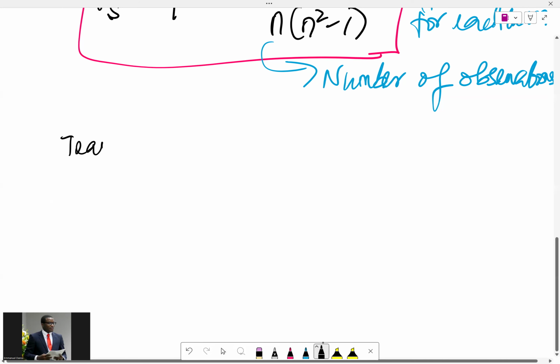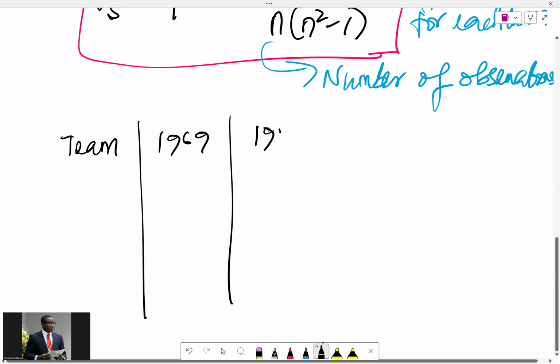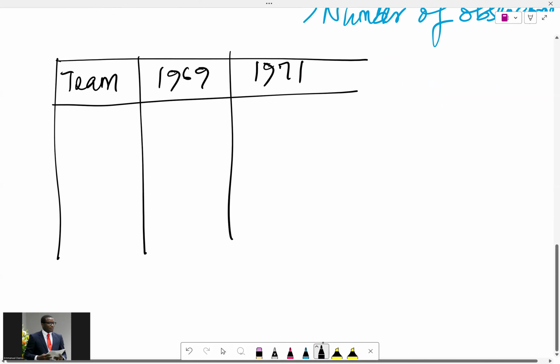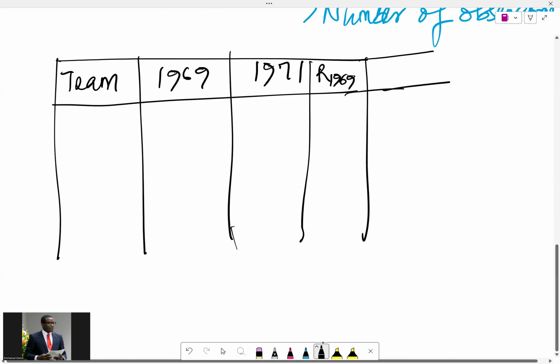Okay, we have the team. We have the year 1969. We have the year 1971. Another thing we need is the ranks. We need the rank for 1969 and then a rank for 1971.